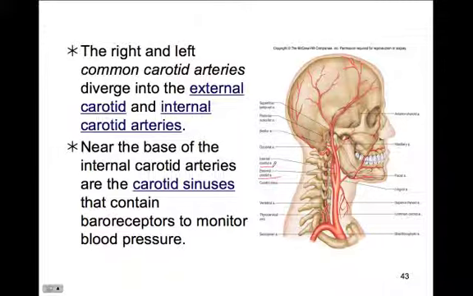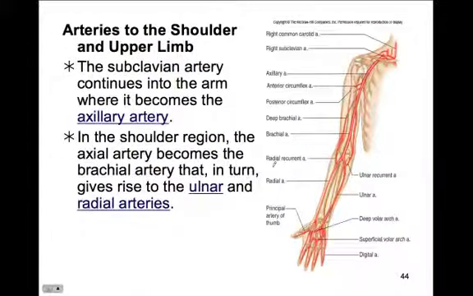It will finish off the circle of Willis. We'll see inside the internal carotid artery that there are baroreceptors and chemoreceptors. These detect changes in the blood before it enters the brain so that we can have a response as quickly as possible and make sure the brain is supplied with the freshest, most high-quality blood possible.